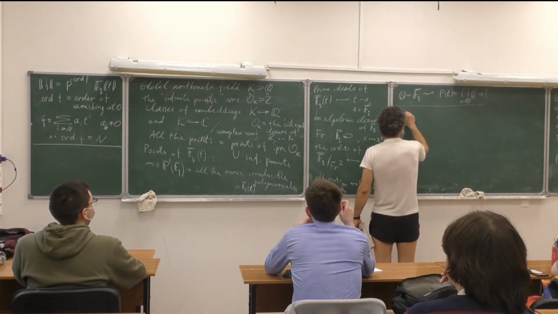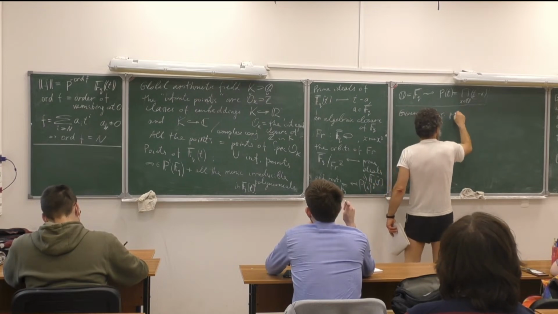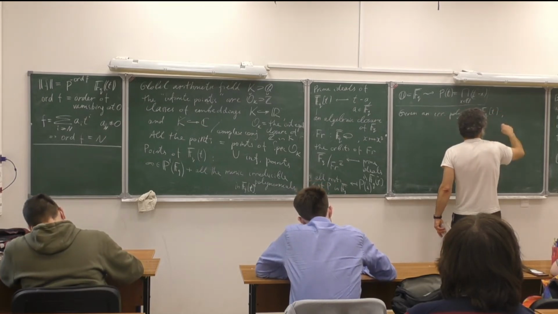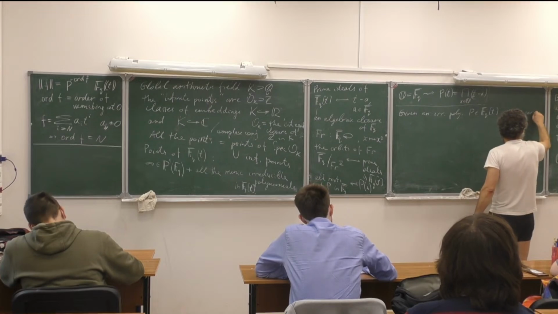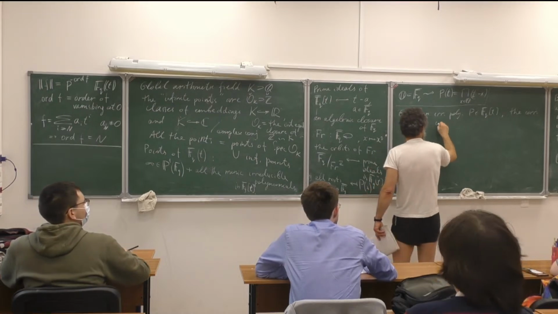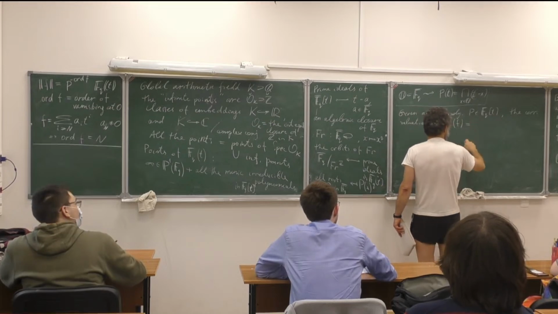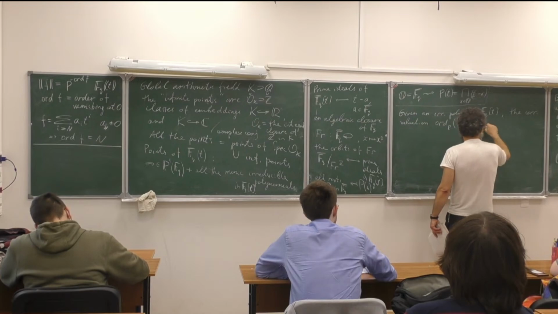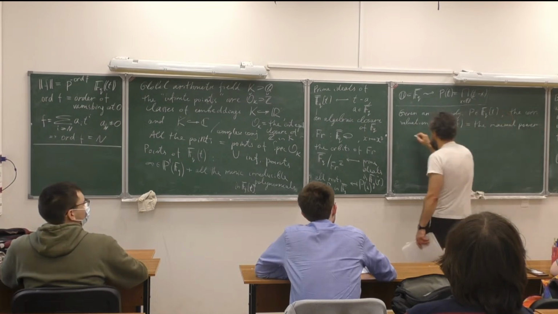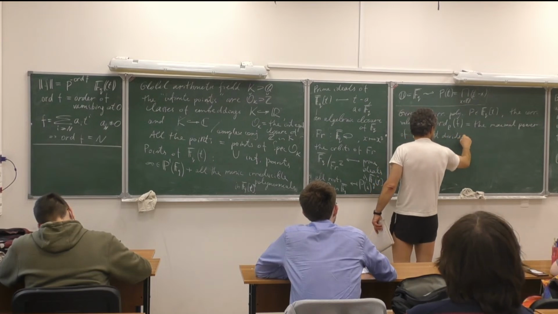That given an irreducible polynomial P of F_q[t], the corresponding valuation ord_P(f) is the maximal power of P that divides f.